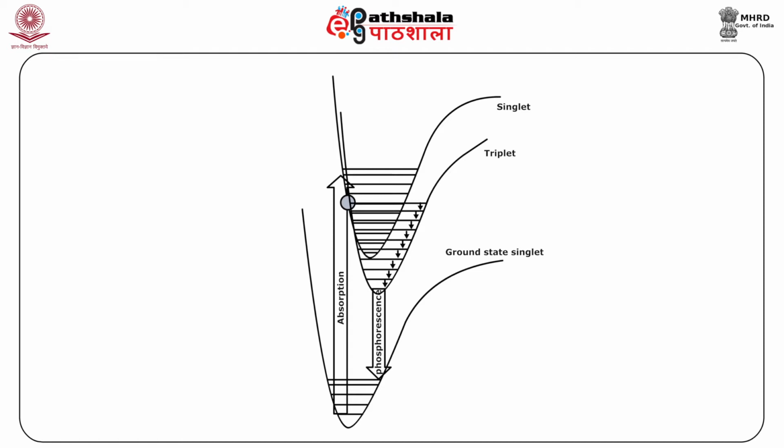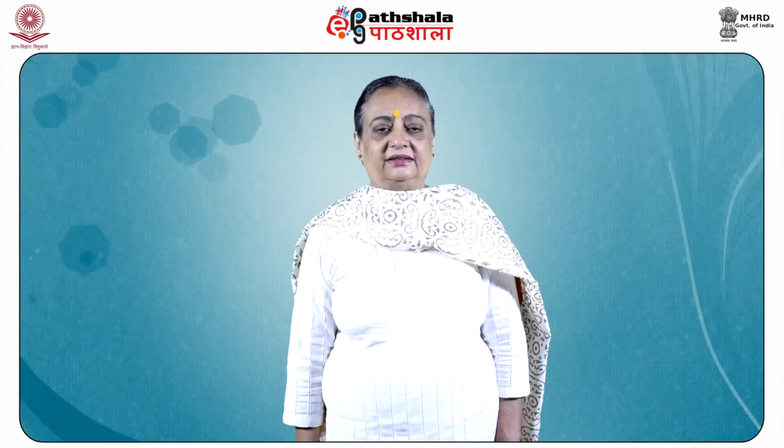Once there, it cannot easily come to the ground state singlet, because this process, as you know, involves change in spin and is electric dipole forbidden. However, it returns to the ground state by a process which is called phosphorescence. Since this is a forbidden process, phosphorescence is slow and typical lifetimes are larger than 10^-3 seconds.